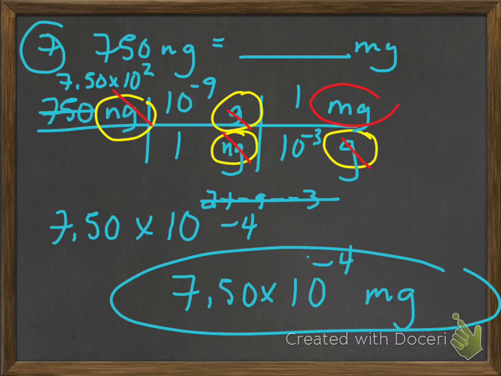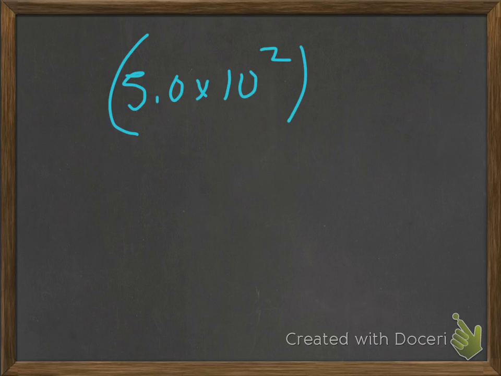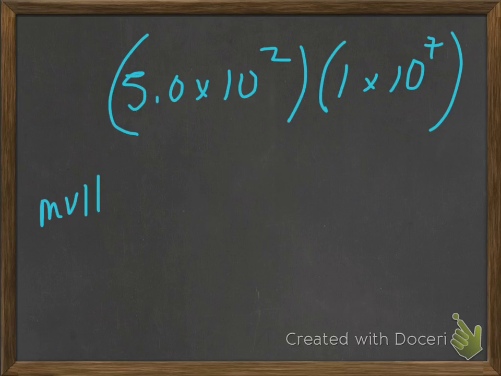In operations with exponents, anytime that you are multiplying scientific notation, so if I have 5.0 times 10 to the 2nd times 1 times 10 to the 7th, multiplication, you add.